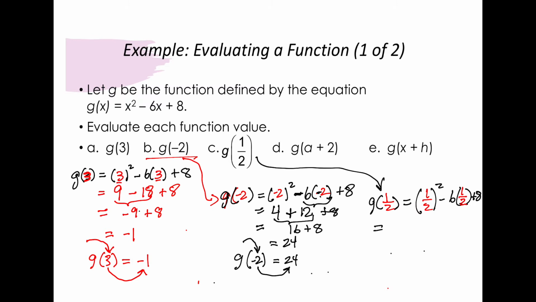Okay, so 1/2 squared, when you have a fraction squared, you can square the top and square the bottom. Kind of works out fine. So that would be 1 squared, which is still 1, but then 2 squared is 4. 1/2 times itself is 1/4. And then we're going to subtract 6 times 1/2.